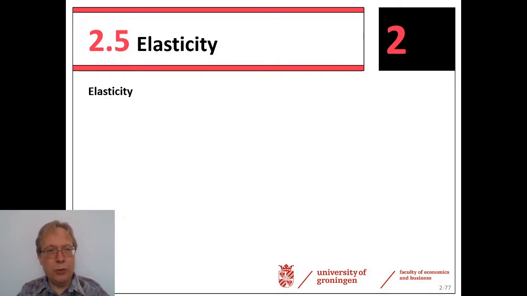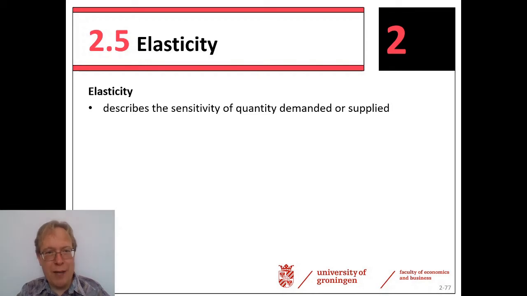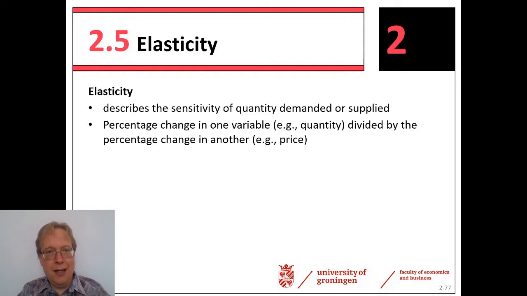So what will be useful is to have a concept that describes the sensitivity of quantity demanded or supplied, and with sensitivity I mean the sensitivity relative to price. More precisely, we're going to look at the percentage change in quantity, for example, that is caused by a percentage change in price.